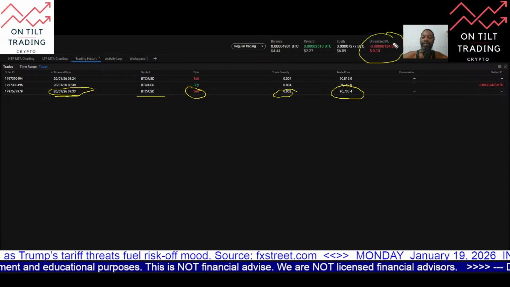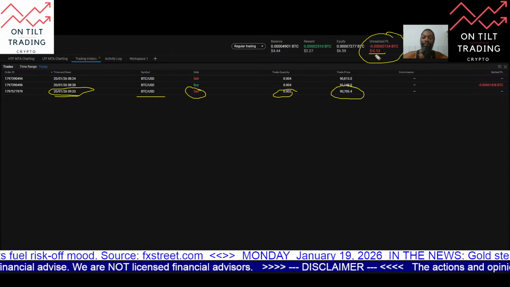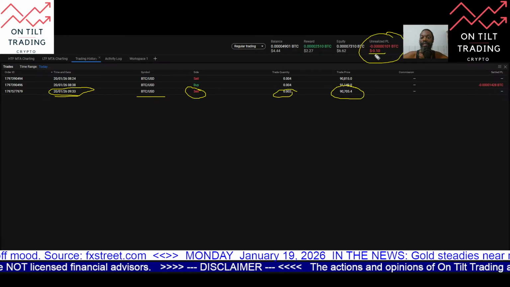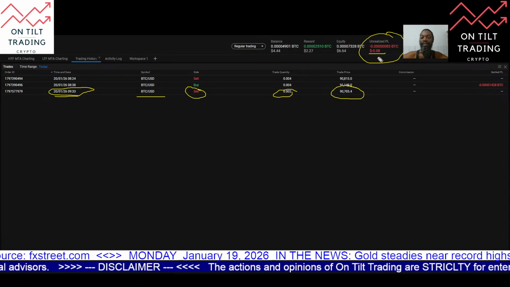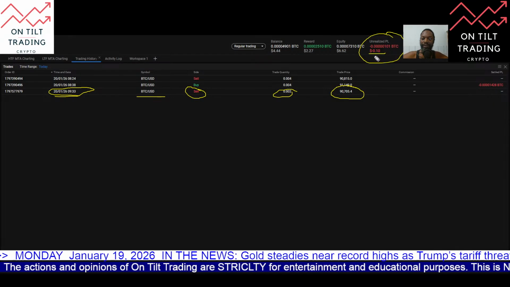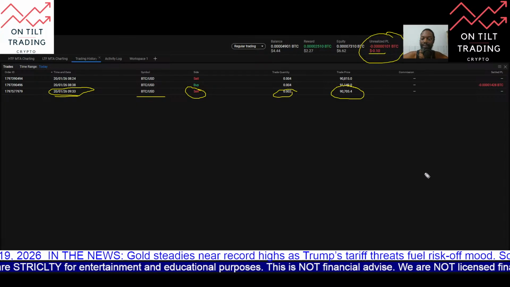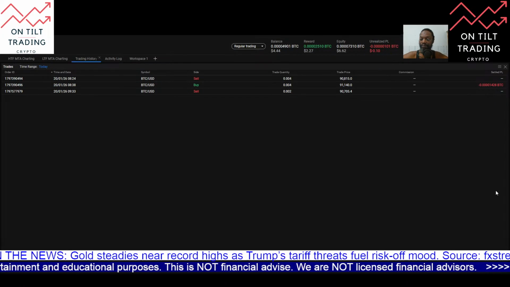Currently, unrealized P&L in the red here, but price is currently trading at my break-even level, and with the spread, I'm actually in a positive position on the price. Bitcoin currently has a 70-cent spread.